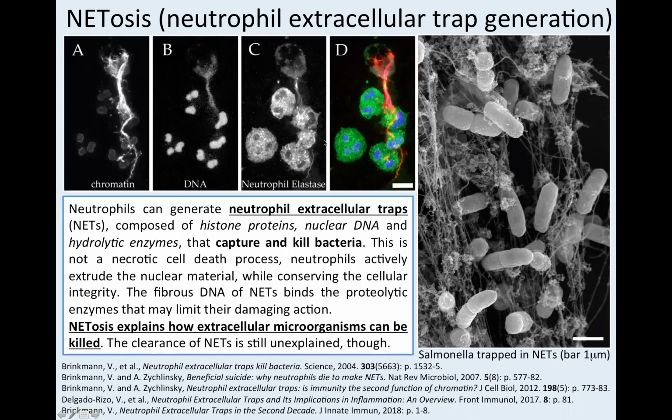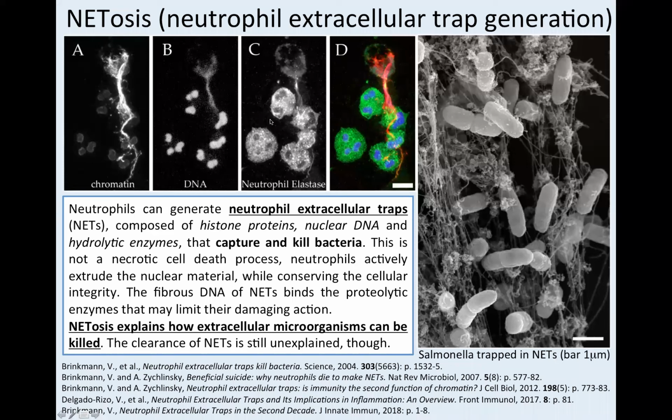So how is it produced? The cells have this very specific segmented nucleus, which means that these lobes of the nucleus can be pushed out of the cells as an active process, and then the whole DNA comes out, as you can see here.